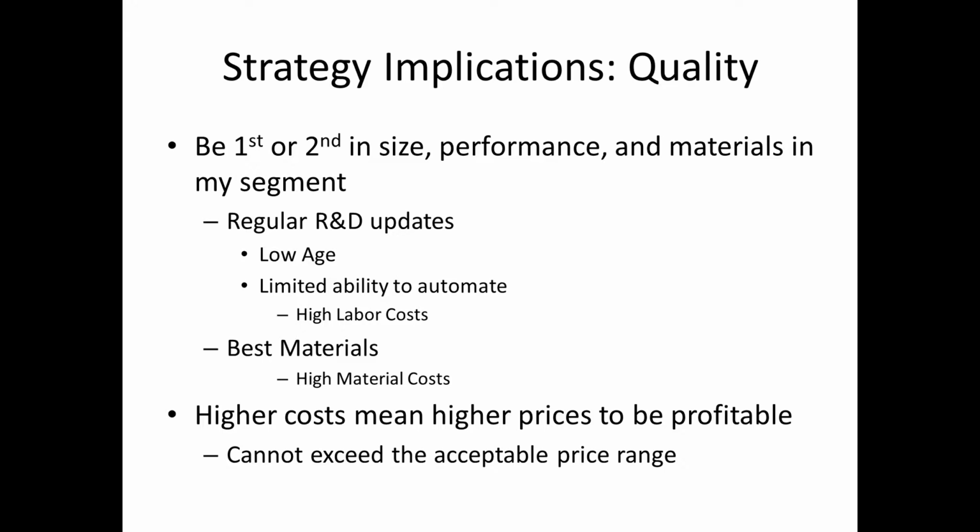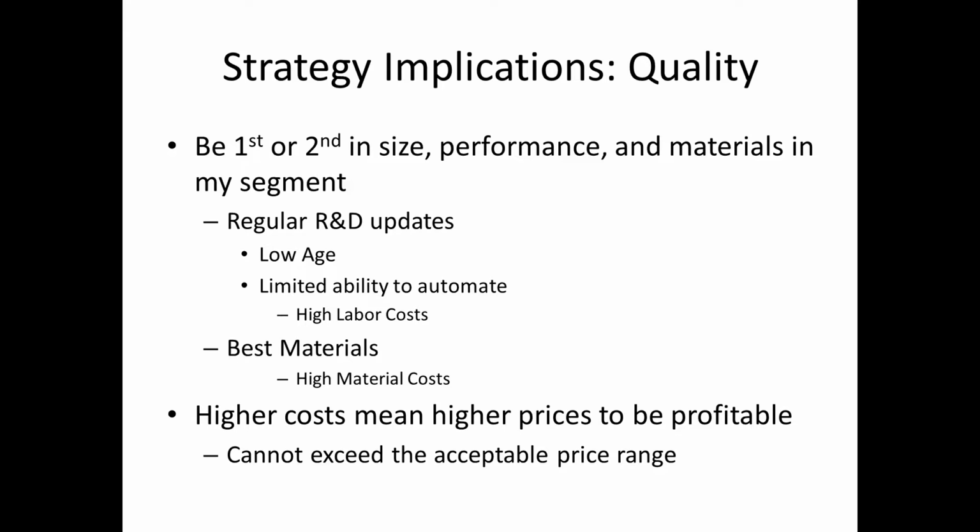By the way, if you look at it in the team guide, you'll see that the more advanced your size and performance specs are, the higher your material costs are as well. So just by virtue of the fact that you have set your specs higher, the material costs are going to go up. But they're also going to go up if you set your MTBF higher. Since you're setting all of those higher, it means that you're going to be more challenged to be profitable unless you raise your prices.